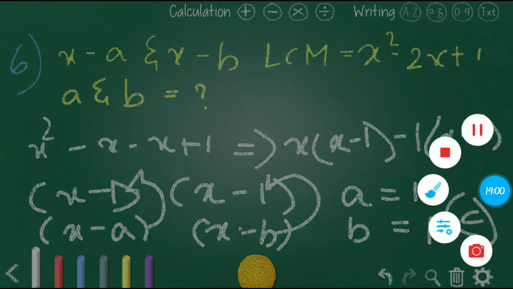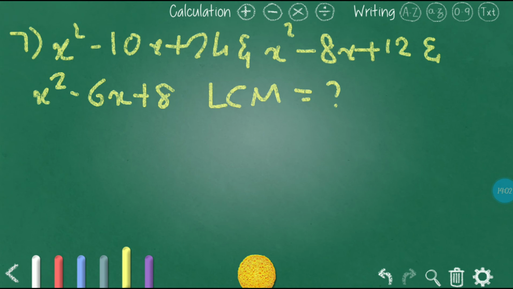Now we'll look at the seventh question and the last question. So in this question we have these three polynomials given. We have to find the LCM for it. Okay, let's do that. So first x square minus 10x minus 24. How we can write that?